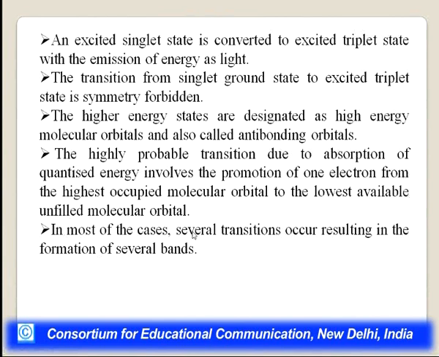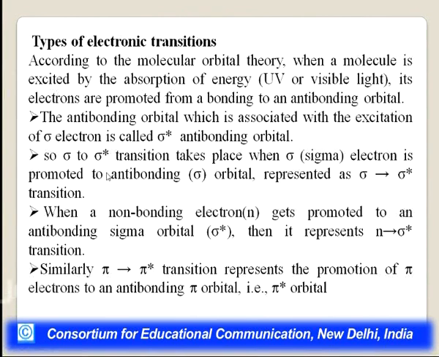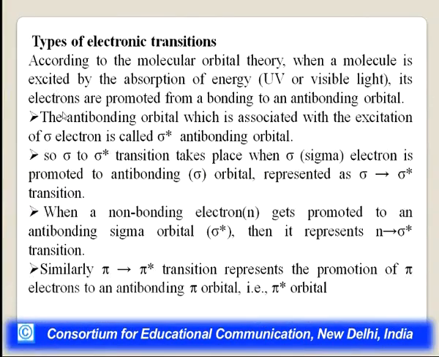In most cases, several transitions occur, resulting in the formation of several bands. So there are several types of electronic transitions because of the different types of electrons involved in bond formation in a molecule. According to molecular orbital theory, when a molecule is excited by absorption of UV visible energy, its electrons get promoted from a bonding to an anti-bonding orbital.